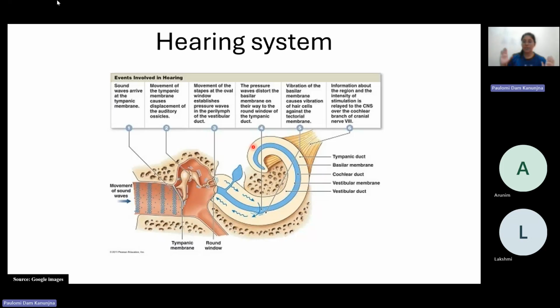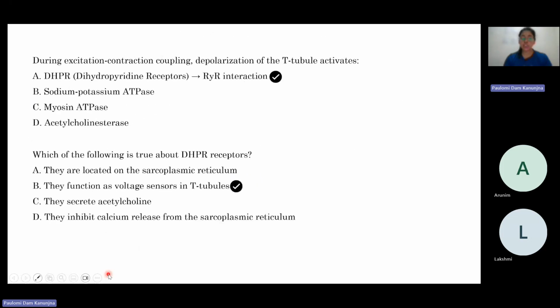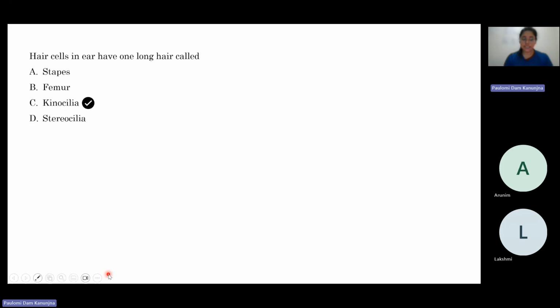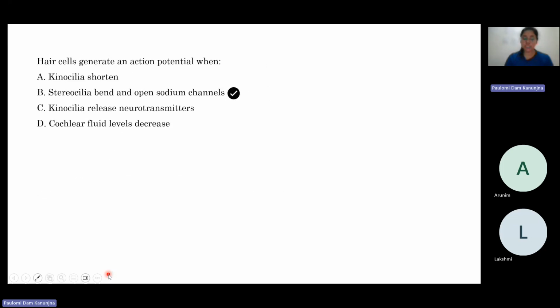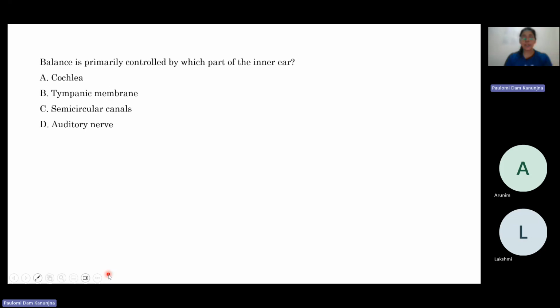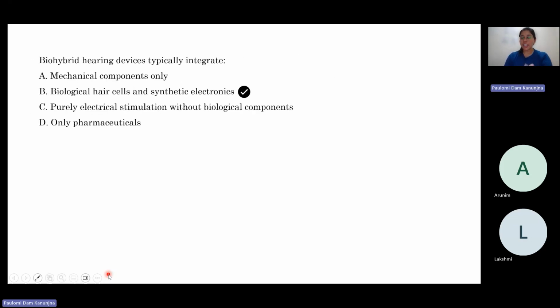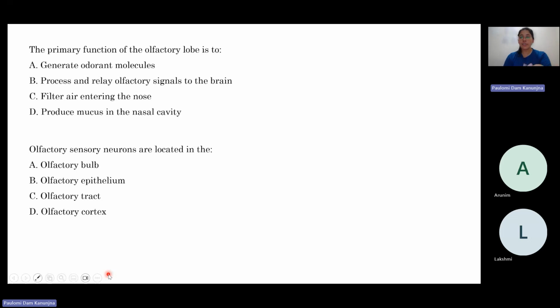Right. Unfortunately, I won't be able to cover the remaining questions, but let me just walk you through what I couldn't do today and show you what you will find in your recorded lectures. We discussed till here. We have more questions on ears, and then there is application of the hearing system. Then you have smell.